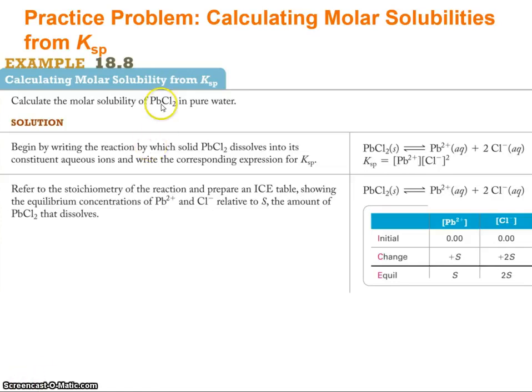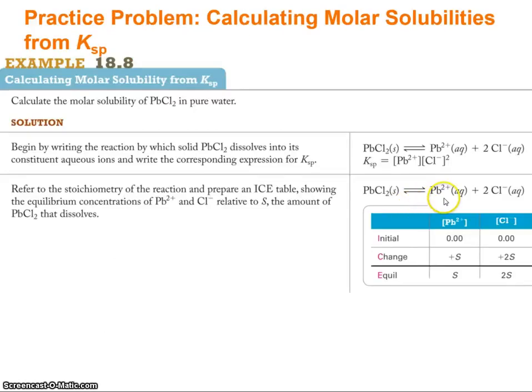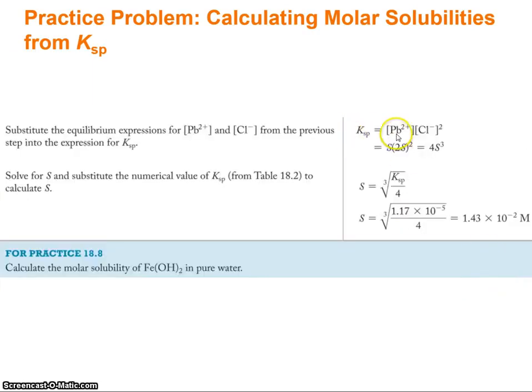Here's another example where we've got lead chloride. So lead chloride solid is going to dissociate into lead 2 plus and 2 Cl minuses. The setup is exactly the same as we did back here for the magnesium fluoride, except we've got lead chloride. It's going to dissociate into 1 and 2 things, so I've got S and 2S. So at equilibrium, it's S and 2S, which means my K expression is going to be lead 2 plus times chloride ion squared.